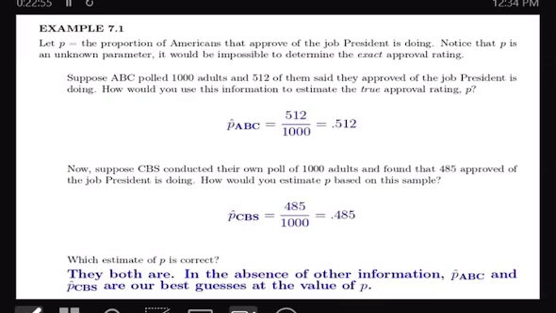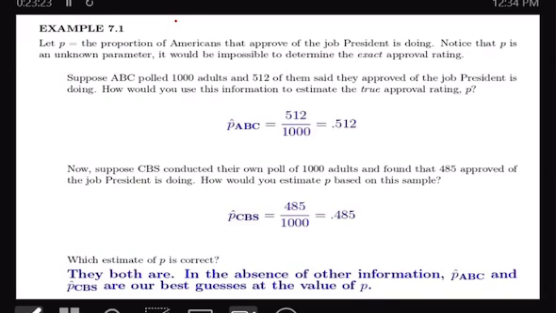Because of that, we have some cable channels or pollsters that are conducting surveys. Take a look at example 7.1. Let's say the parameter is the true proportion of Americans that approve the job the president is doing.